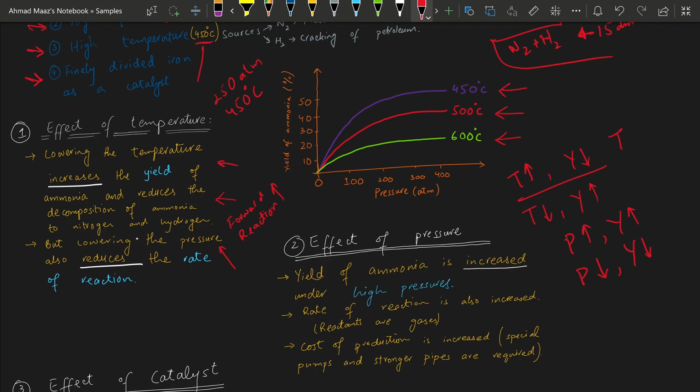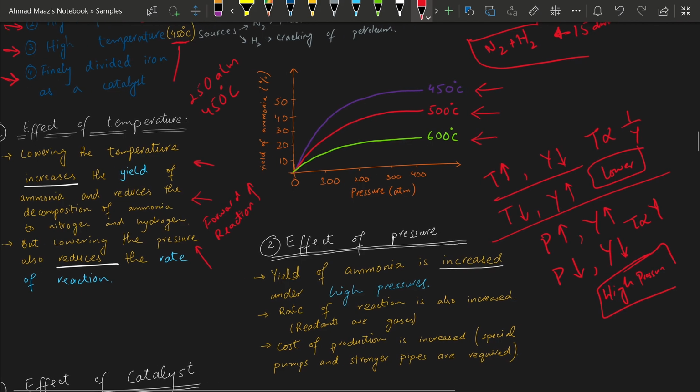There is an indirect relation between temperature and yield, but a direct relation between pressure and yield, which means that we need a lower temperature for maximum yield and a high pressure for the maximum yield.